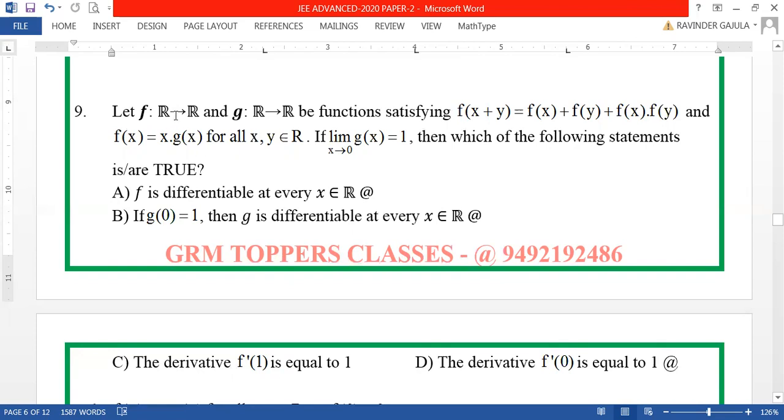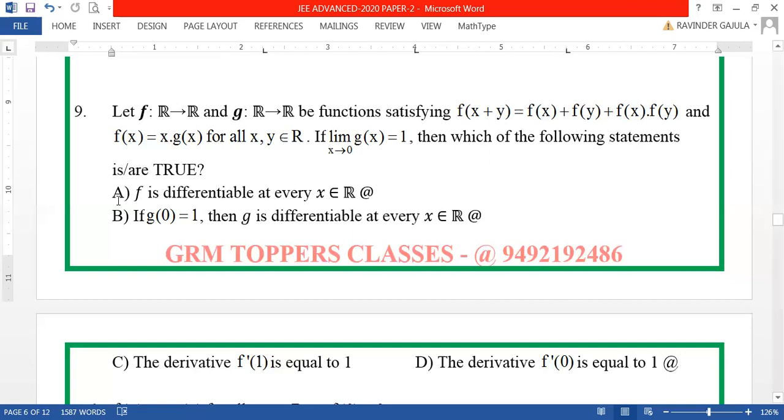So here given that both f and g are from R to R, and this is the condition of f, and f of x is x into g of x for all x, y belongs to R, and the limit x tends to 0, g of x is 1. So then ask for the given options. So you must keep all the constraints in mind, and then only you can answer the question very easily.